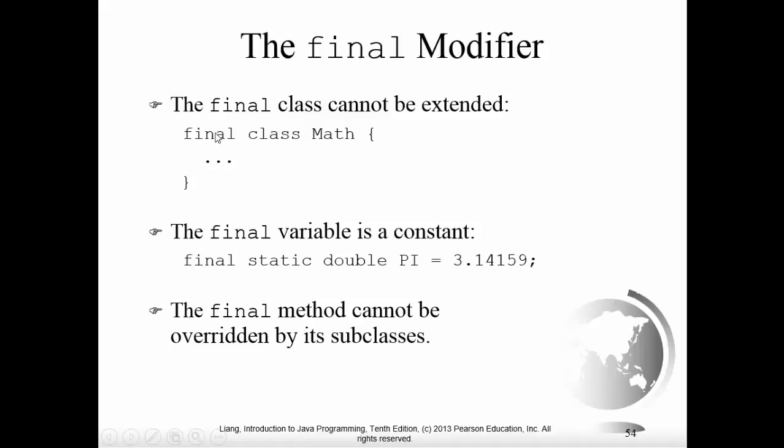We have a final class Math. We can't extend that. If we have a variable named PI, that is basically a constant. It's final. I can't change it. And if I mark a method as final, it cannot be overridden by subclasses. So that's the final one.